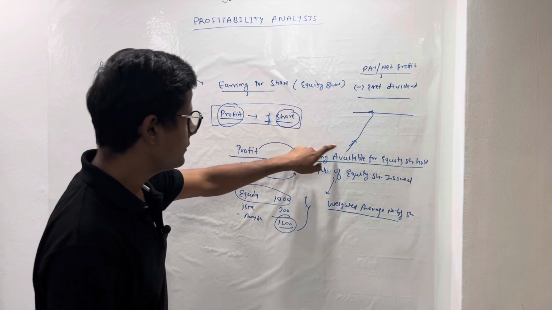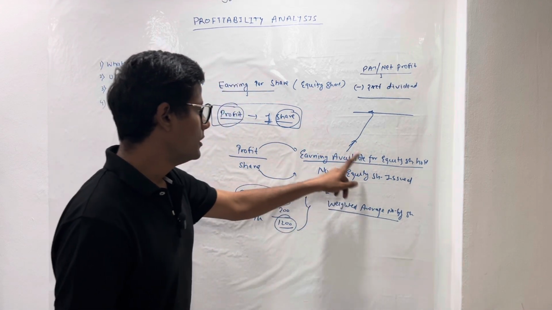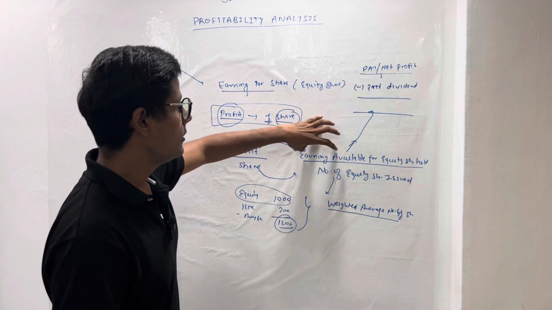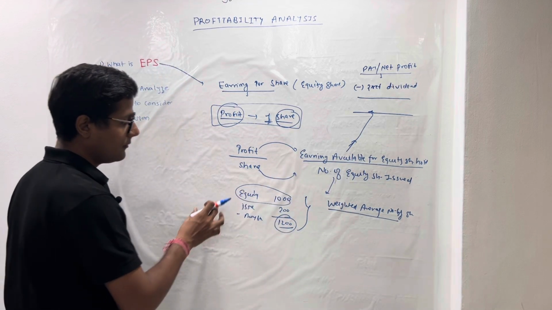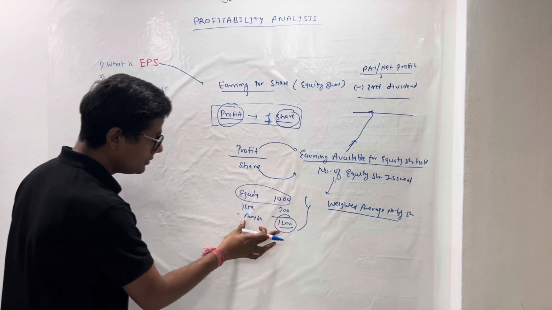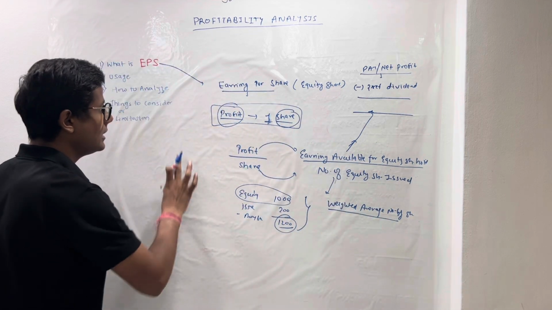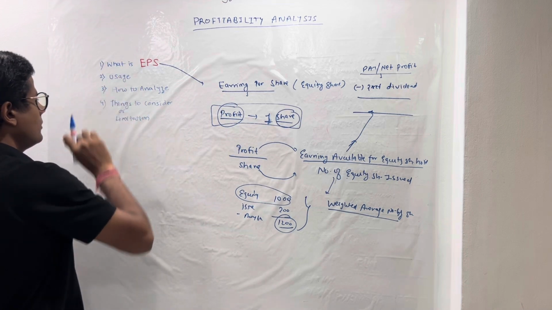Profit means earnings available for equity shares, and share means number of equity shares issued. Earnings available means PAT minus preference dividend, and if your equity shares issued are changing during the year, then you need to take the weighted average number of shares. That's how you will get EPS. So that is about EPS.